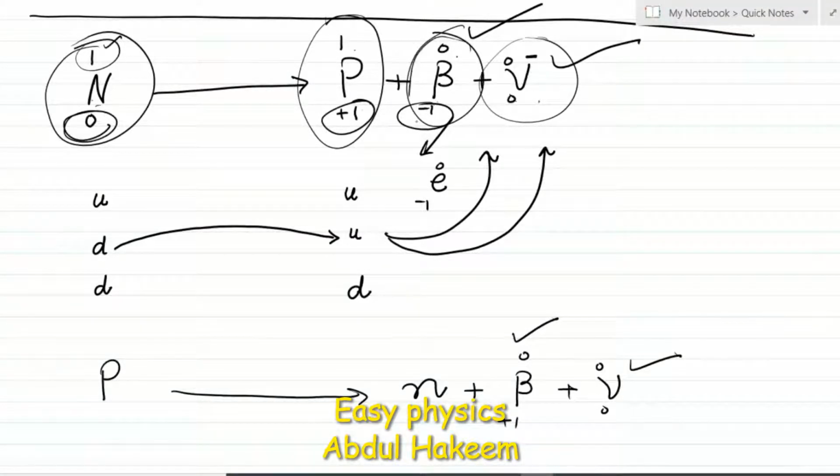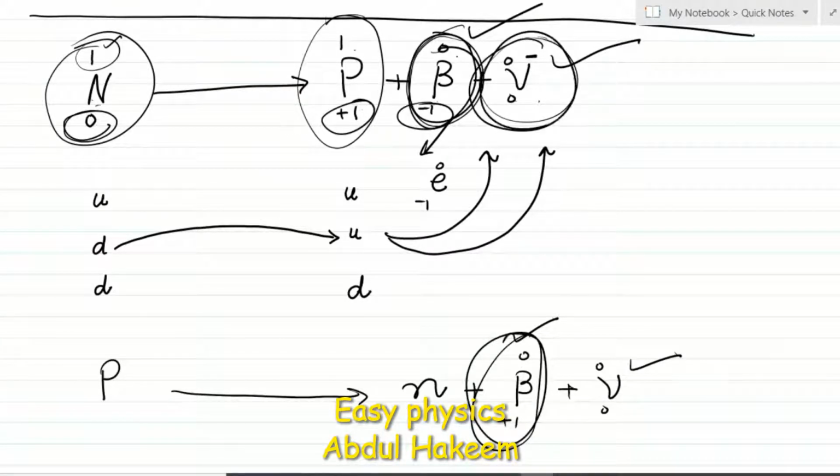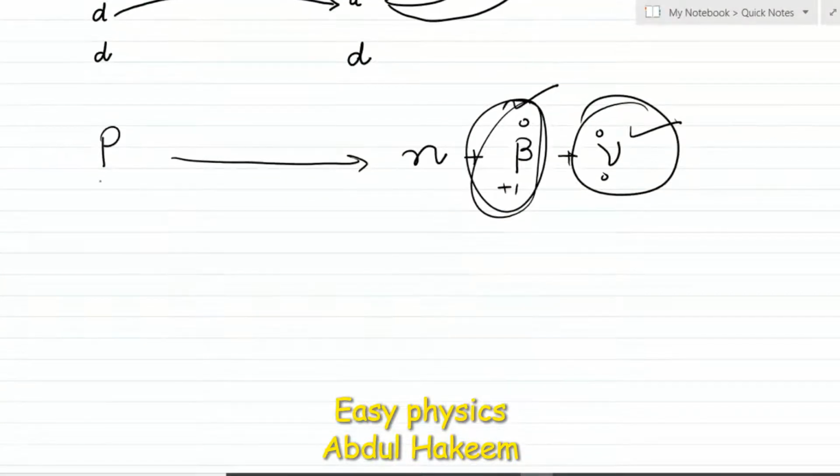So here electron, and here its antiparticle; here antiparticle, antineutrino, and here the particle itself, neutrino. Now this P has 1, 1 and 0, 1. So the charge is 1, charge is 1 here, 0. So the charges are conserved, masses are conserved. So the whole reaction is conserved in terms of the masses, the charges, the momentum, and the mass energy conversion.